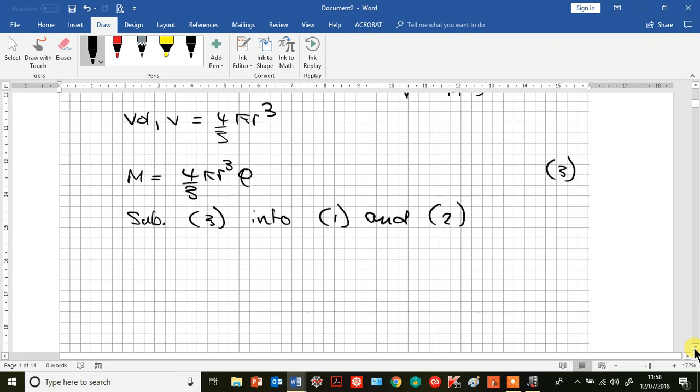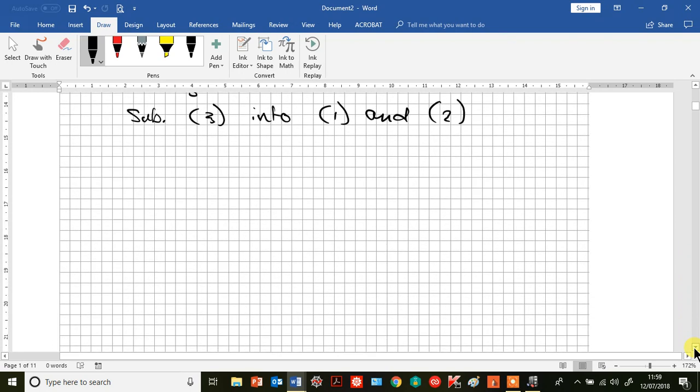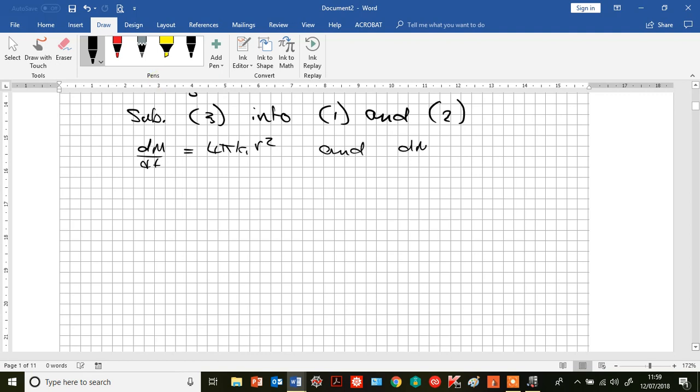So in the first case, dm by dt equals 4 pi k1 r squared, and dm by dt equals k2 m.